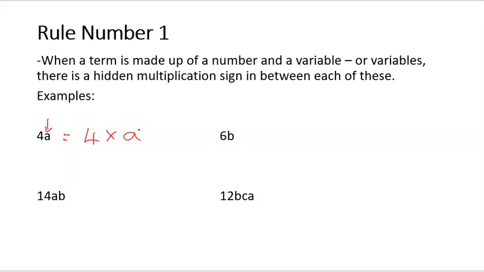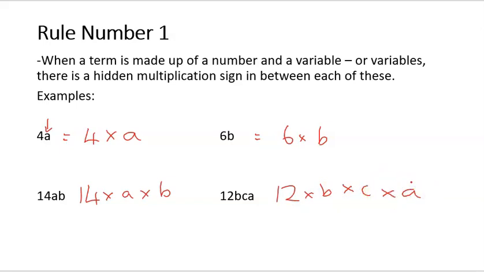It means there's 4 lots of a. So 6b would be 6 multiplied by b. 14ab would be 14 multiplied by a multiplied by b. And 12bca would be 12 multiplied by b multiplied by c multiplied by a.